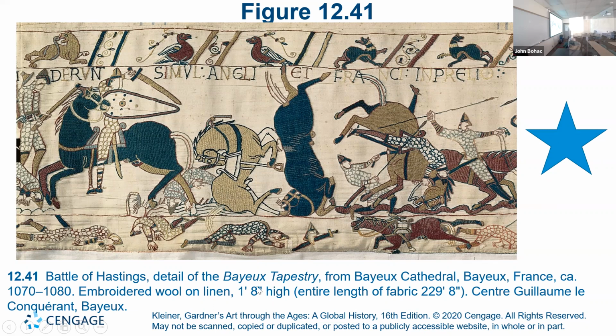I wanted to say this one thing, that the Bayeux tapestry, the Battle of Hastings, and this is the Norman invasion of England, and basically changes England forever. And this battle was in 1066. This is soon afterwards.